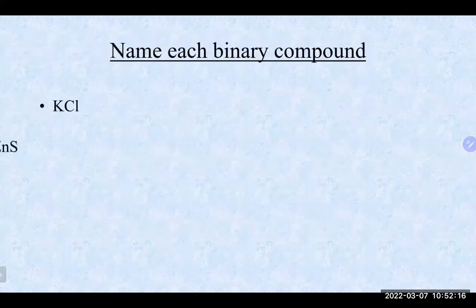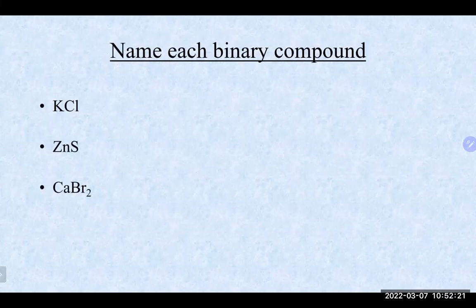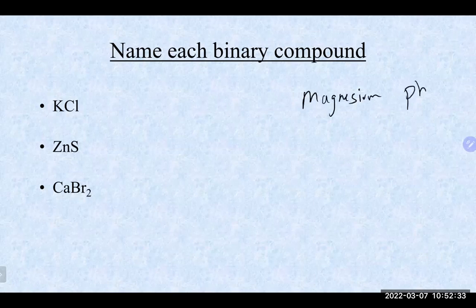All right, why don't we try some of these here, and then let me give you some names, and you could go with some names. Let's go with magnesium phosphide.